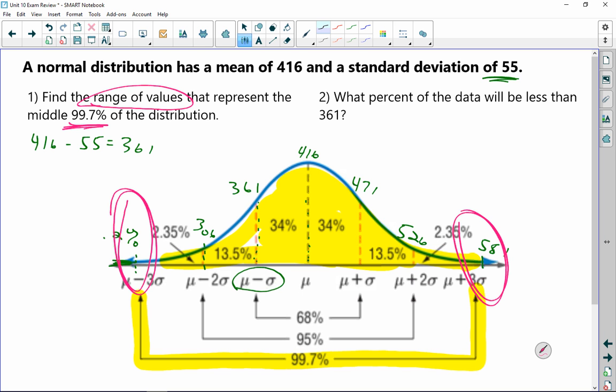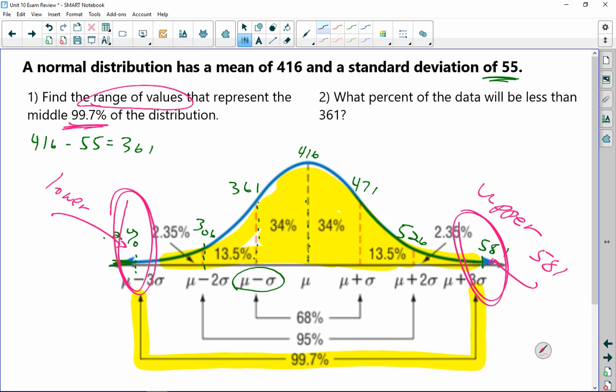Now, I already got the upper end. You guys want me to pay attention because this will help answer some other questions. What's my upper end? Okay, so the upper is 581. That's the number right there. I need to find my lower, which is that number right there.